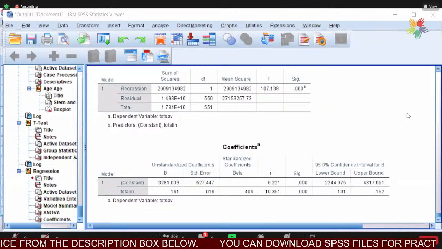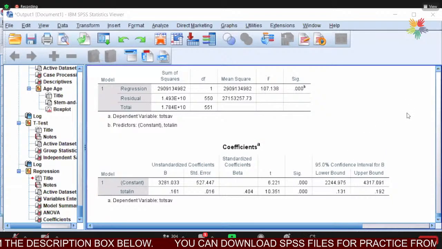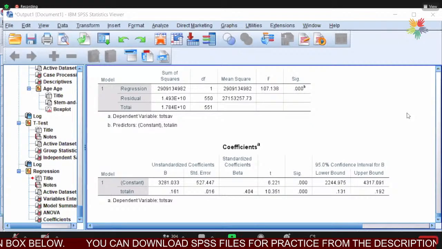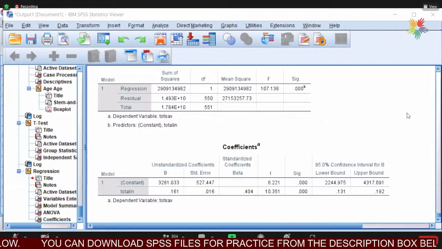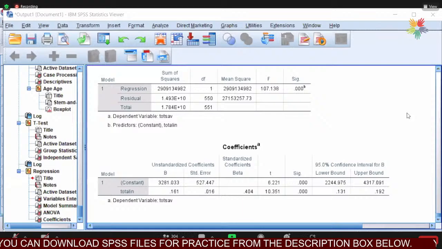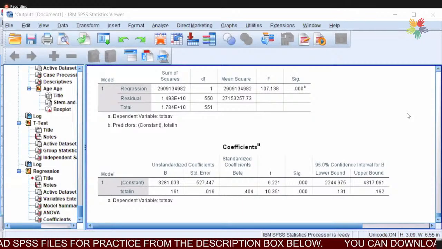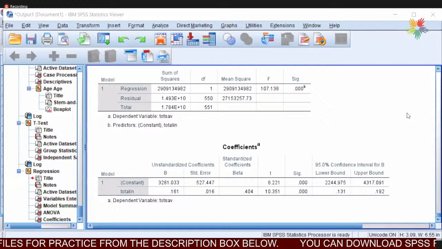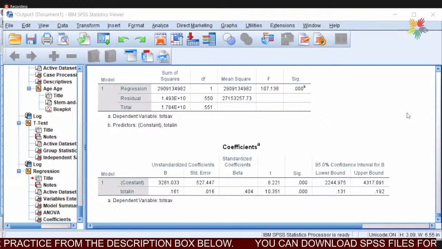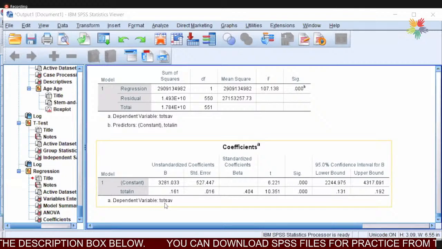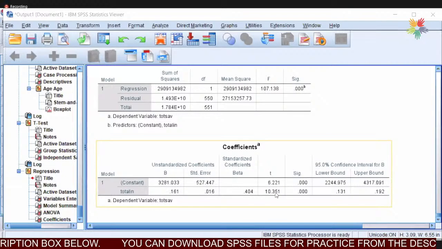See, in a regression what we are doing is trying to find out influence. We get the answer from beta. When beta is 0, there is no influence. When beta is significant, there is a significant influence. So beta is our estimate, and beta divided by standard error is the t value.